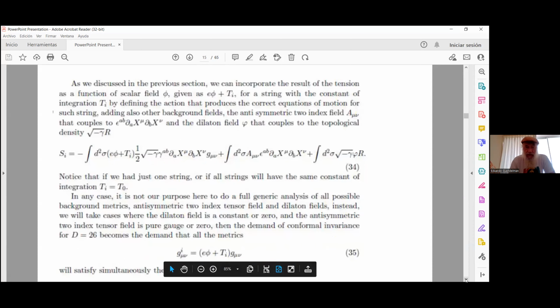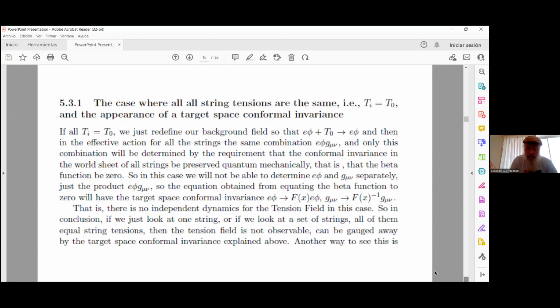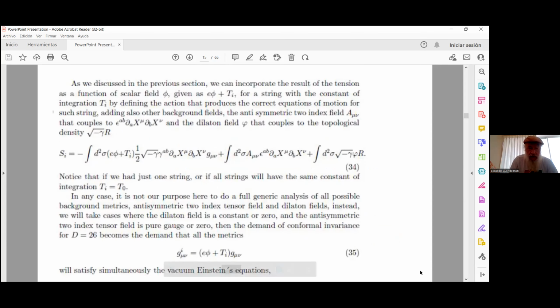Okay. Now we consider a particular string, for example, a particular string has this coupling here, right? And we put also, as in the ordinary string theory, an antisymmetric tensor field and a dilaton field.